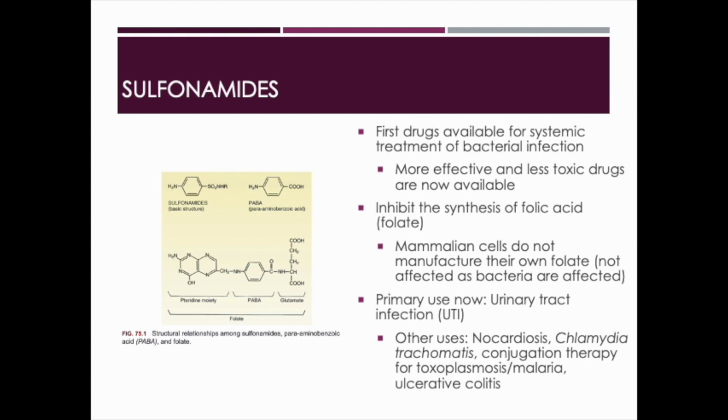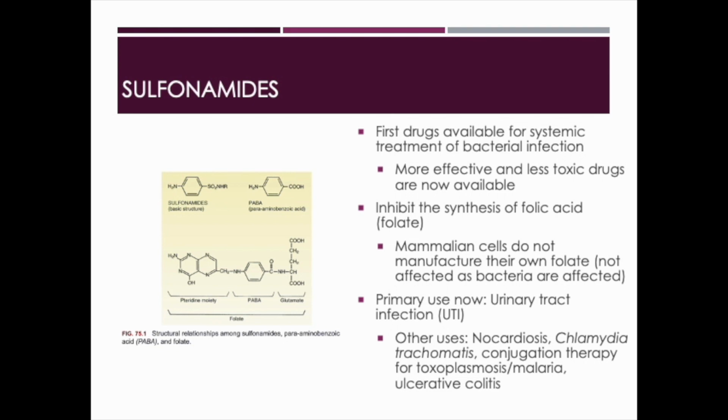The major mechanism of action has to do with the structural formula for sulfonamides, which you can see in this picture. Sulfonamides are structural analogs of para-aminobenzoic acid, or PABA, a component of folate. The antimicrobial action of sulfonamides is based on this similarity.